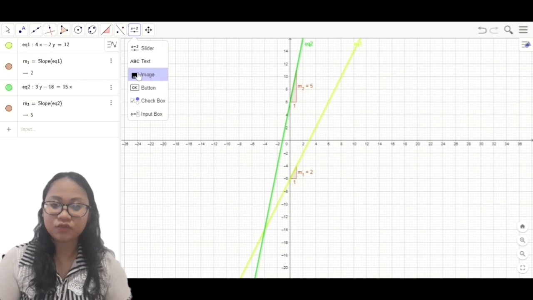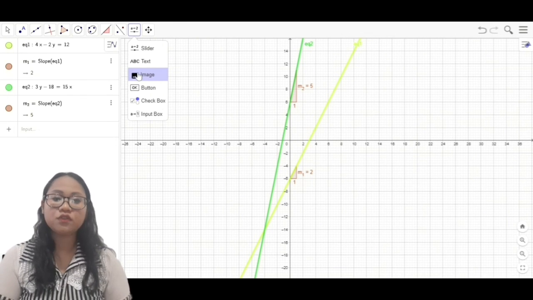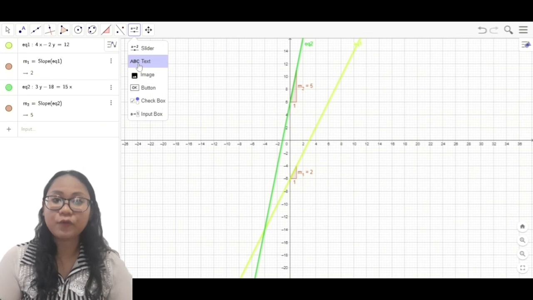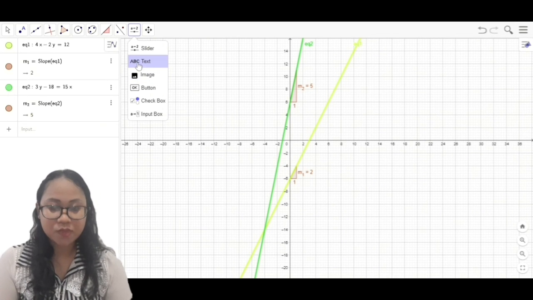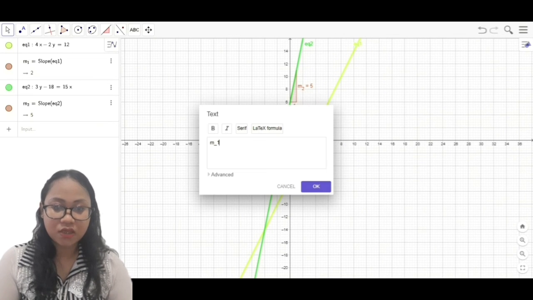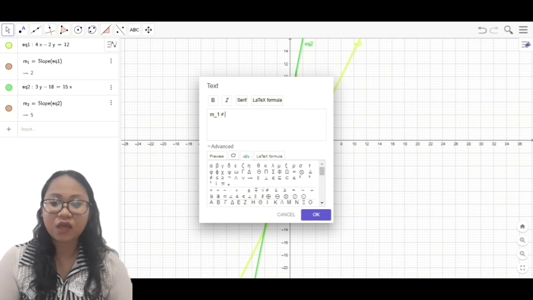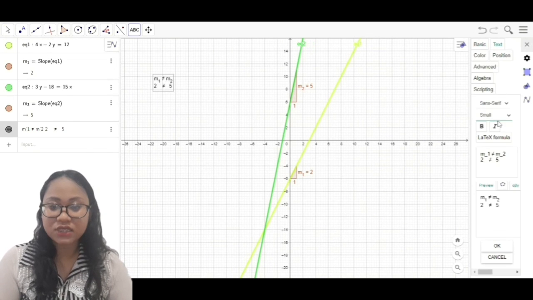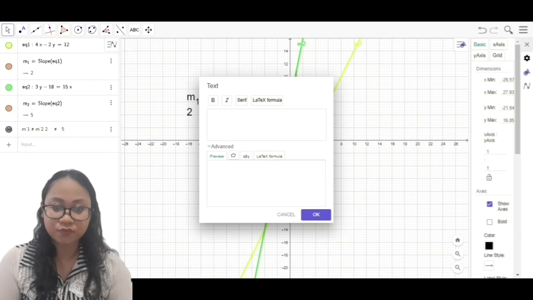We already know that they are not parallel with each other. To prove it, we can check whether they have the same value of gradients or not. Based on the answer that we got from previous questions, we can conclude that they are not parallel with each other since m1 is not equal to m2.